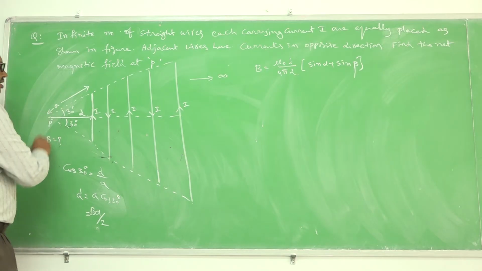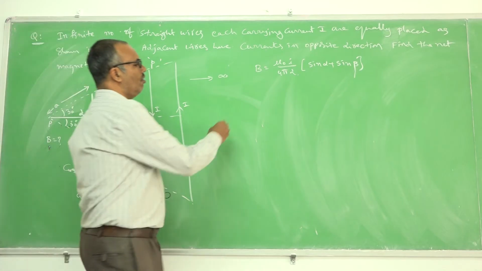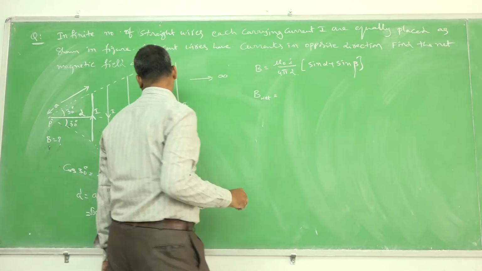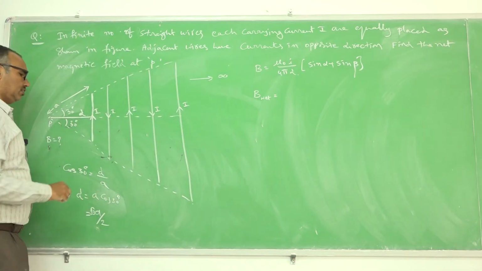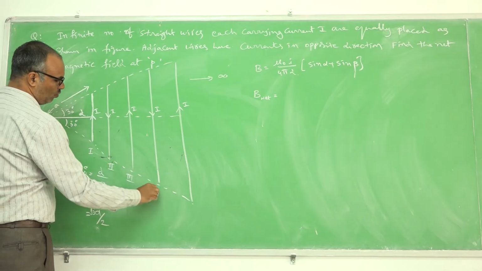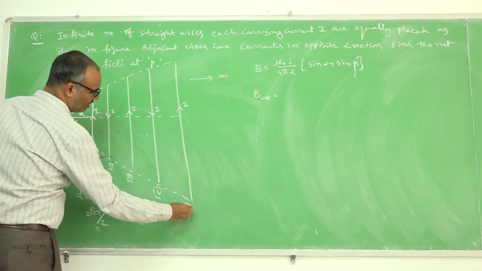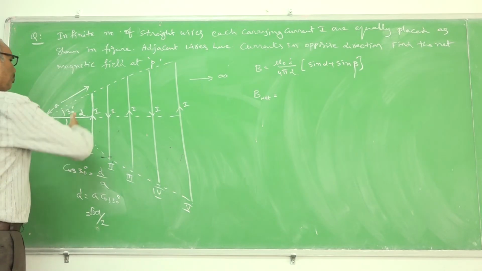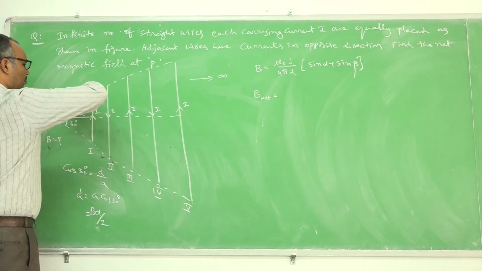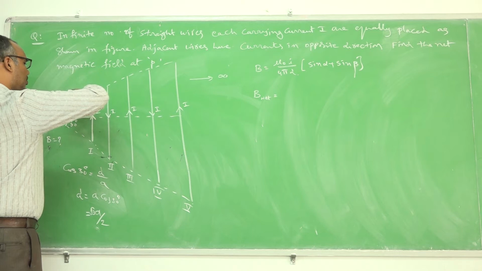Net field at P means the field due to the first wire, second wire, third wire, fourth wire, fifth wire, like that we have to consider. If you observe, because of the first wire, the field is out of the paper. Because of the second wire, the field is into the paper.